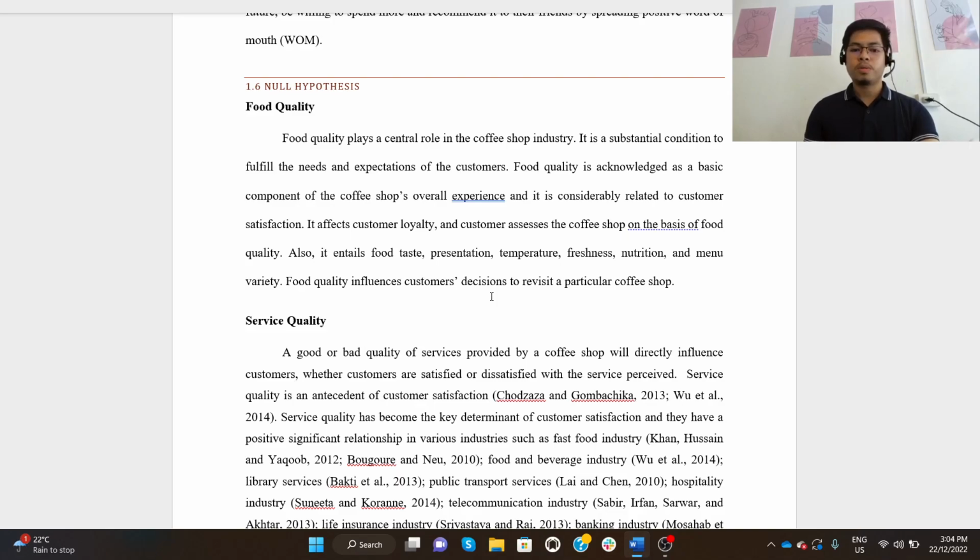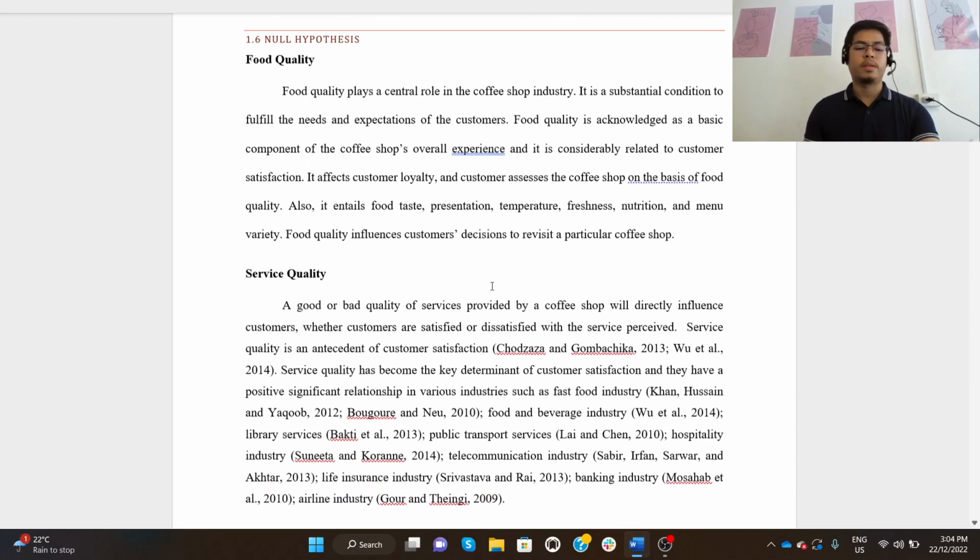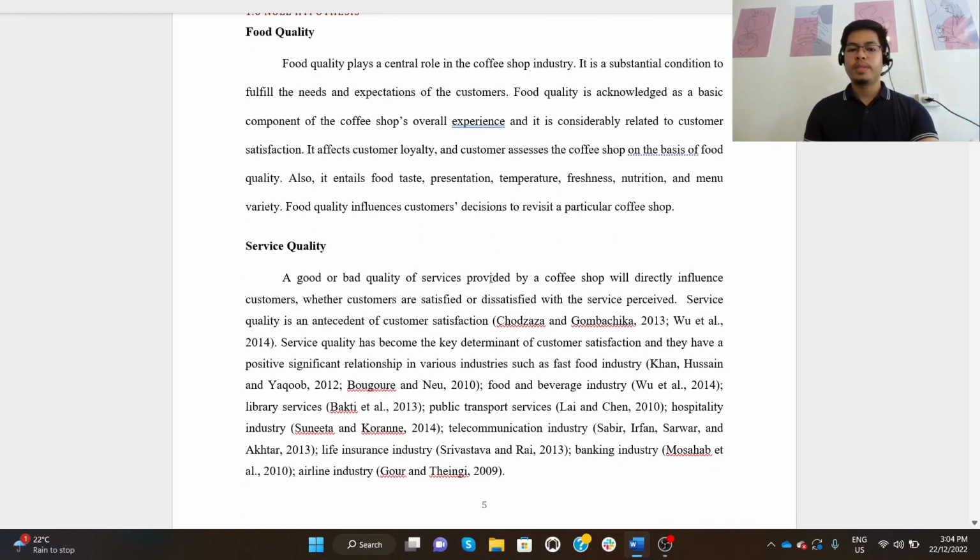It affects customer loyalty, and customers assess coffee shops on the basis of food quality. Also, it entails food taste, presentation, temperature, freshness, nutrition, and menu variety. Food quality influences customers' decisions to revisit a particular coffee shop.